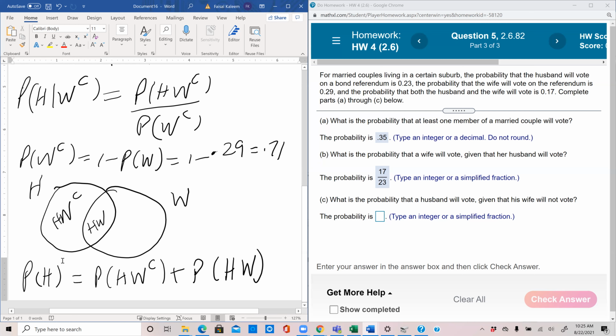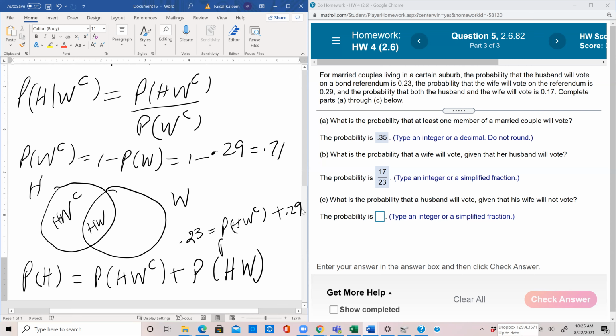From here, we can substitute the values. Husband is 0.23, so 0.23 equals husband and wife complement, which is what we are looking for, plus probability of husband and wife.